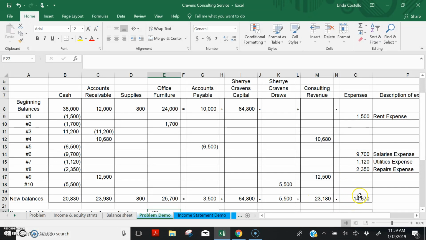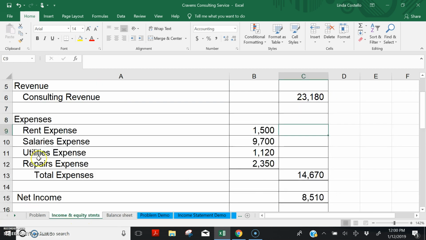Revenue is greater than expenses, so we should calculate net income in the amount of $8,510 on our income statement. Please pause this video and finish writing your income statement. When you're finished, start the video again to check your answers. Does the rest of your income statement look like this?